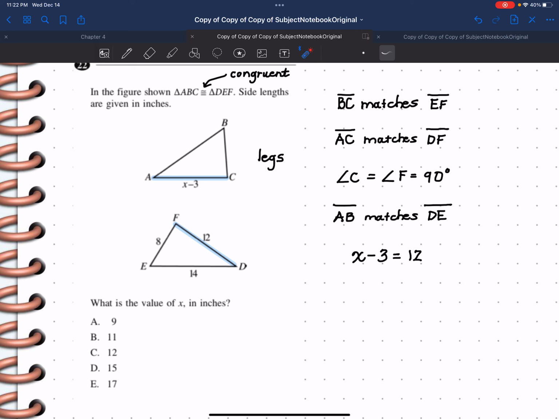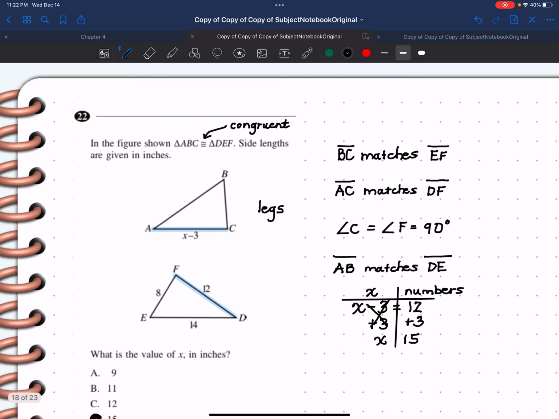And then once you and I solve this equation, we will know the value of X. So we're going to leave X on this side and put numbers on this side. So the 3 needs to move. And that leaves us with an X having a value of 15.